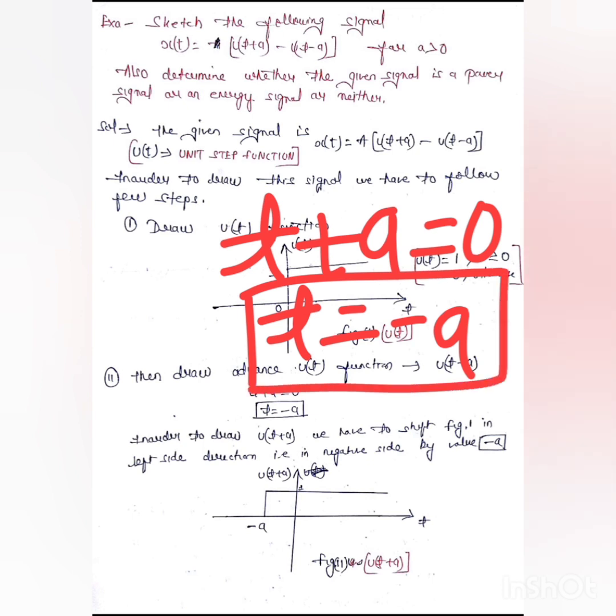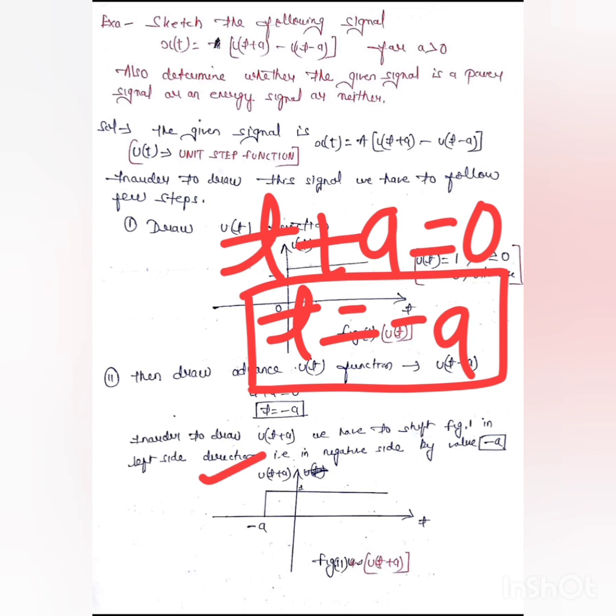This value of t represents that your u(t) function must be shifted to the negative side of the time axis, hence the left side of the figure. So we get the u(t plus a) function.